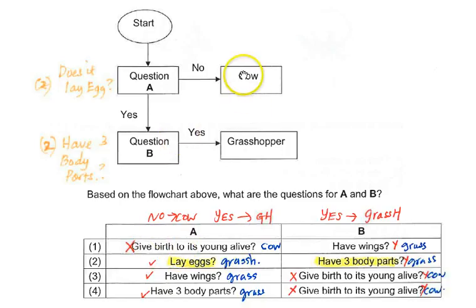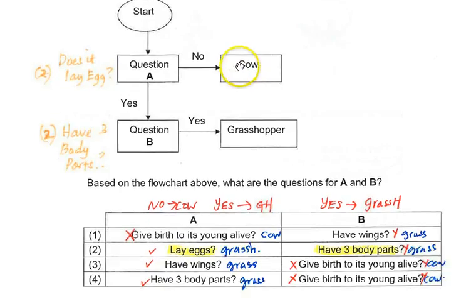Now cow, one by one, you see, if you ask question A over here, and you see whether it says no, okay, and it leads to the cow having that characteristic.